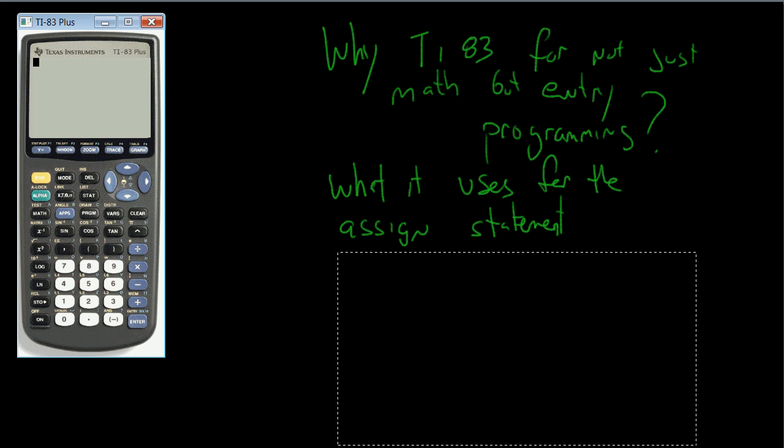I'm going to go for store it into alpha A. So now 4 is stored into A. Now we all know about memory and calculators and the like, and maybe we'll put 5 stow into alpha B, right?